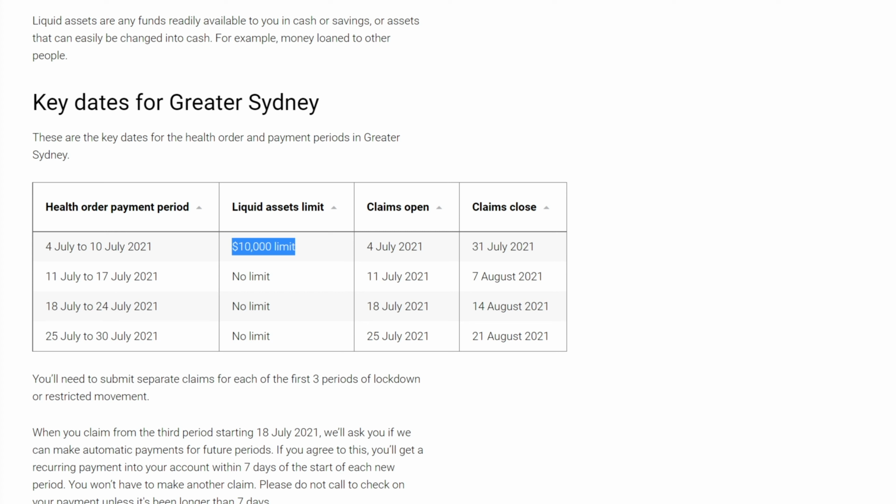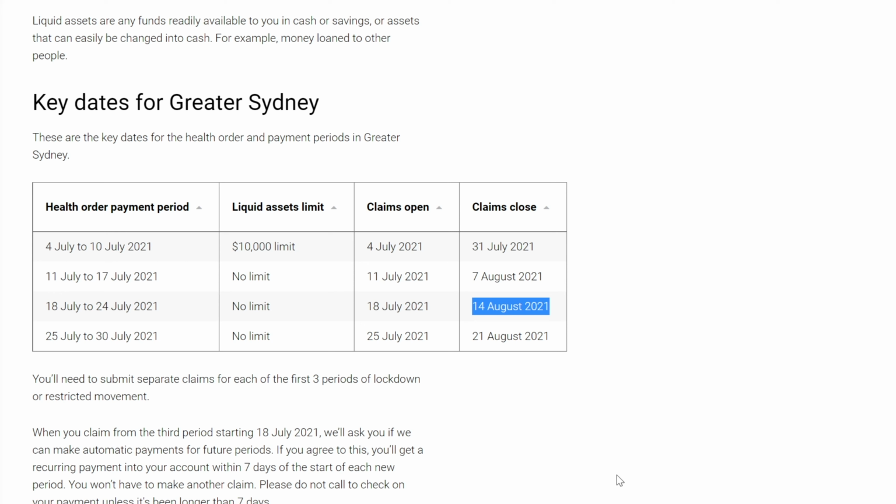The second period of lockdown is from 11 July to 17 July, and the claims open on 11 July and close on 7th August 2021. And the third week is 18 July to 24 July, and claims open on 18 July and close on 14 August.